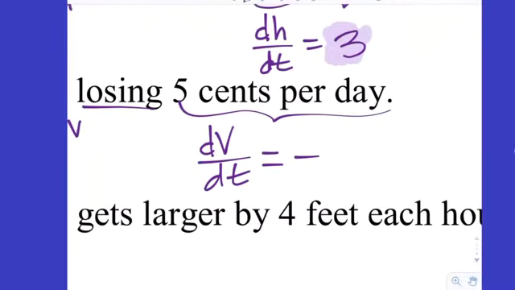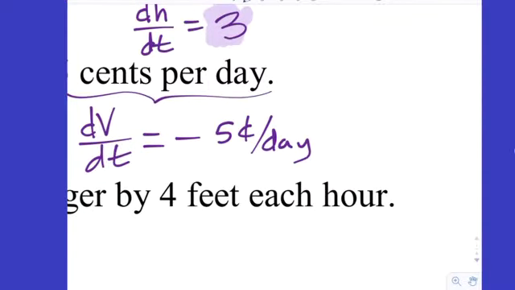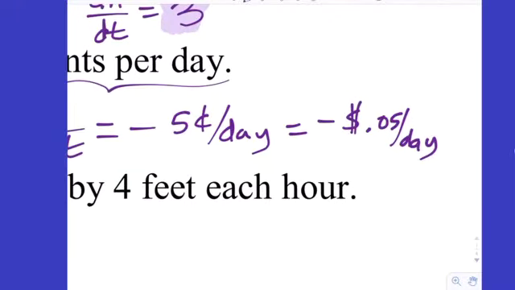Depending on what units you want to use, you can say negative 5 cents per day, and we write the cents unit after the number, or, if you wanted to use dollars, negative 0.05 per day. And for dollars, we typically put it in the front. So whatever you want to do, you have to make sure that the units are clearly defined. There could be some conversions to do, right? So either negative 5 cents a day or negative 0.05 dollars a day.